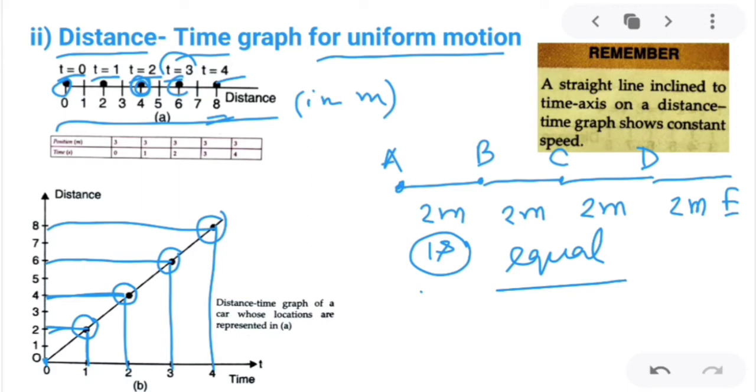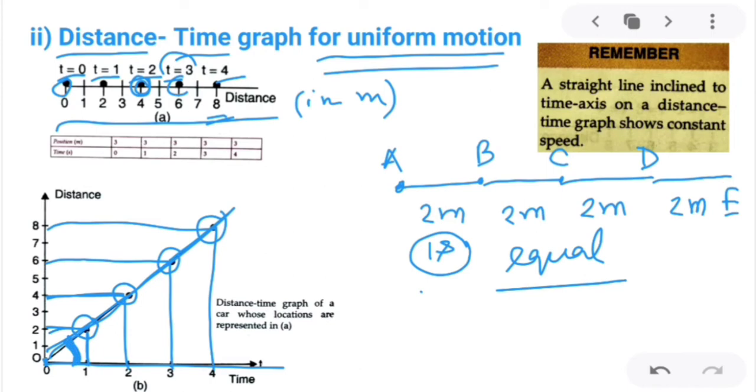So it represents uniform motion. Here what we get is a graph that is a straight line, inclined with the x-axis at an angle.